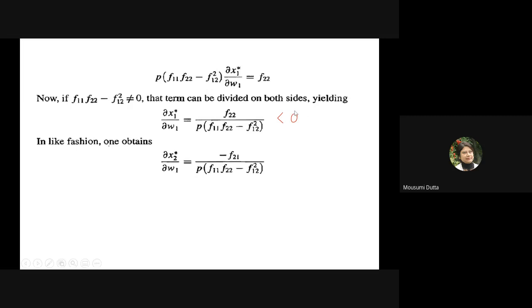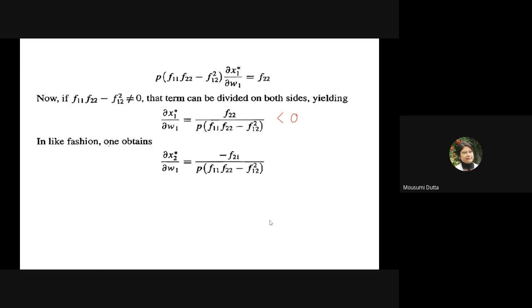Alternatively, what is the sign of this? Can we say something, or is it ambiguous? Ambiguous. Okay, so it will all depend on F21. The denominator is positive.